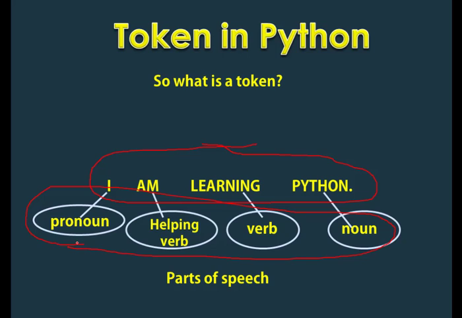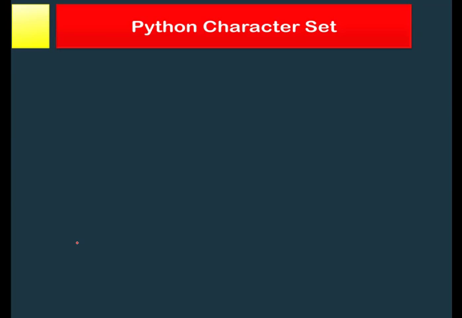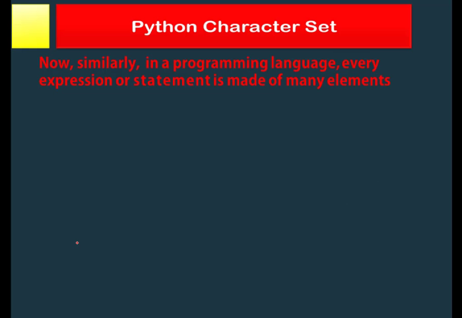In a similar way, in the Python language, whenever we write different codes, these codes are also given different names. So similarly, in a programming language, every expression or statement is made up of many elements.